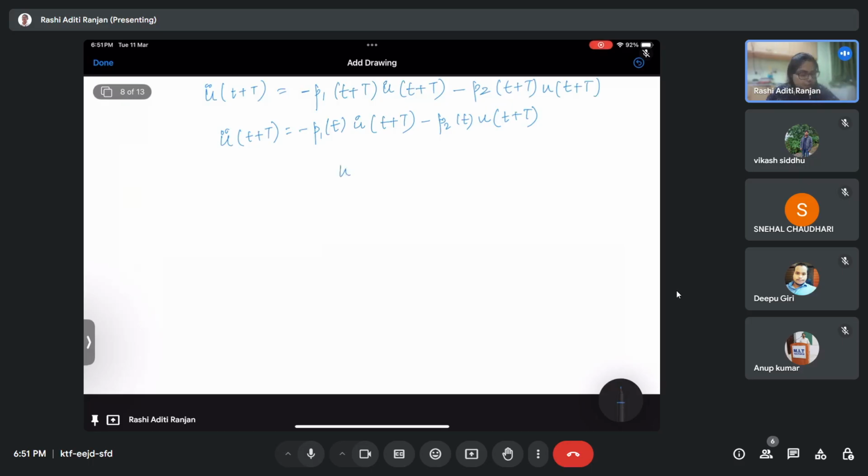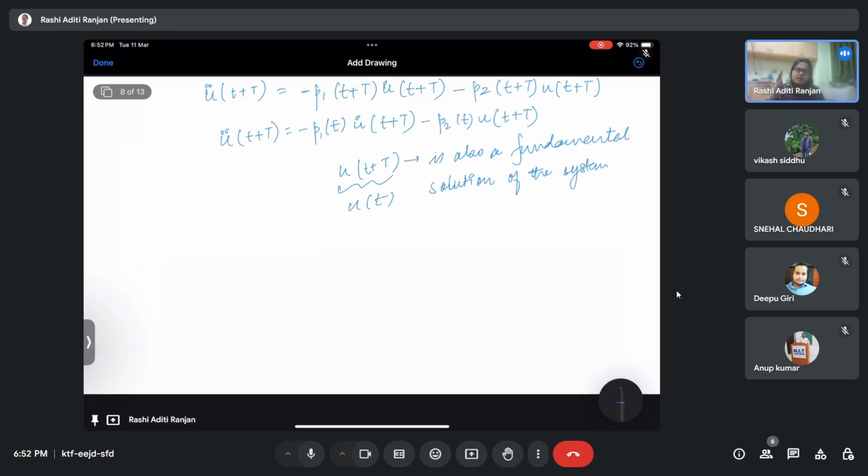u(t plus T) is also a fundamental solution of the system. Right? Now, if this is a fundamental solution, then we can relate it with u(t). But how do we relate it?